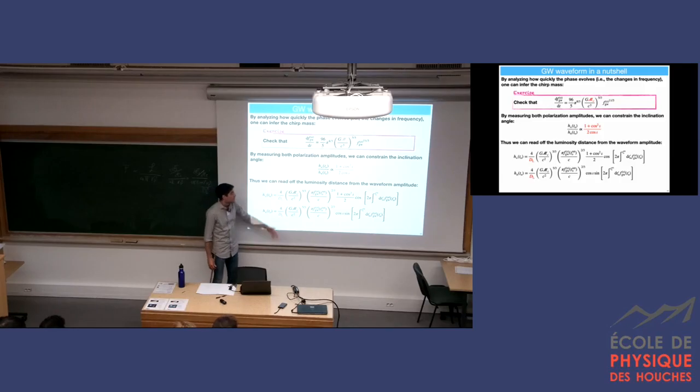This is one example, but there are also other ways. For example, if we observe an electromagnetic counterpart and we get some information from the observation of the jet, then we can get a better constraint on iota, and this implies also a better constraint on DL.